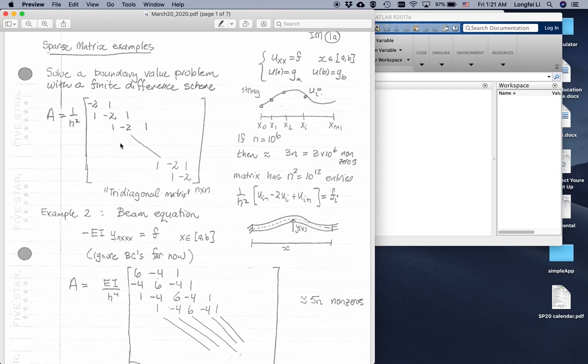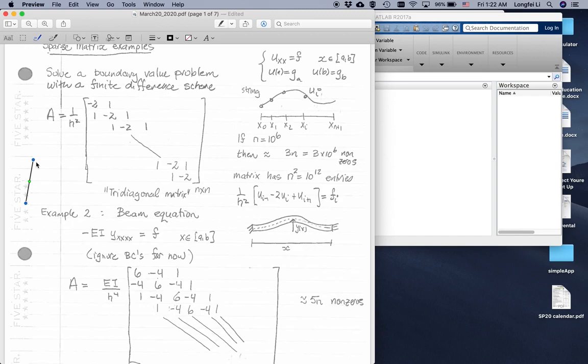So here is my matrix A, and this differential equation we can write as A u equals F. Here A is this matrix, u is all the unknowns, u0 all the way up to u_{n+1}, and F is my function value at the given nodes.